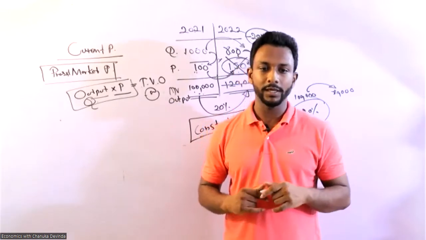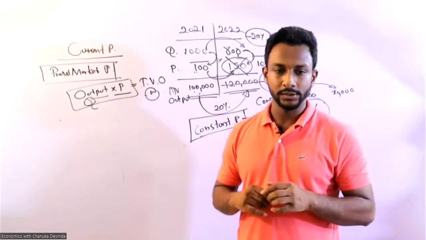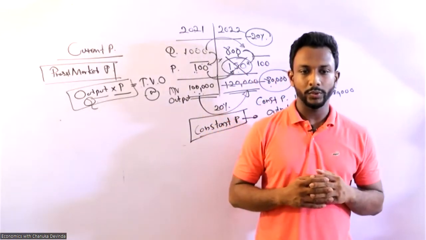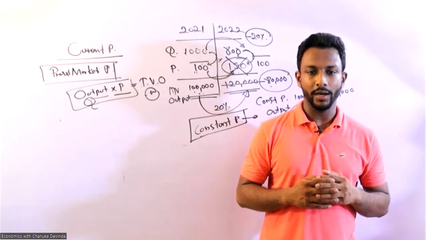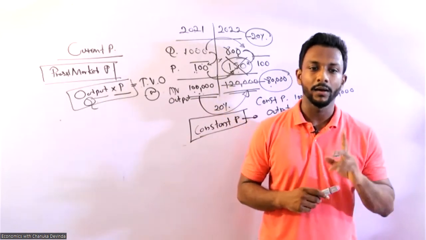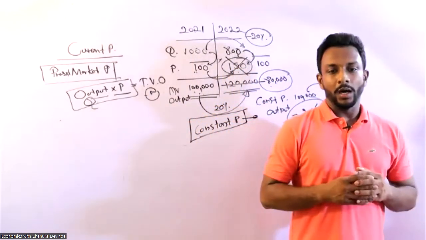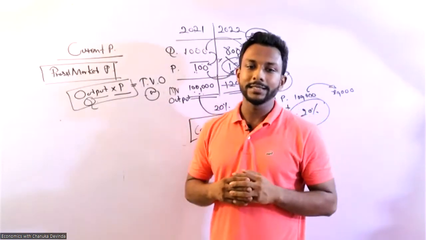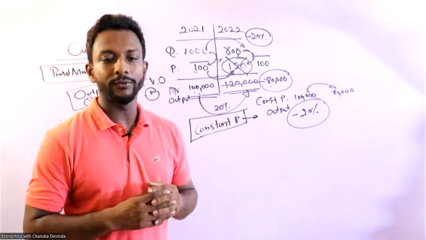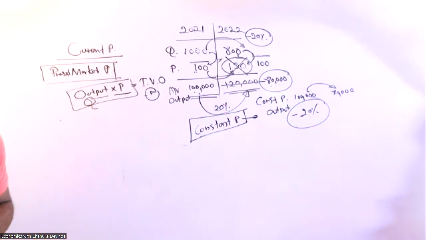Before that, I think we have to fill in a box. To eliminate this inflationary effect, you have to use price indexes. So what do we need to write within the box?